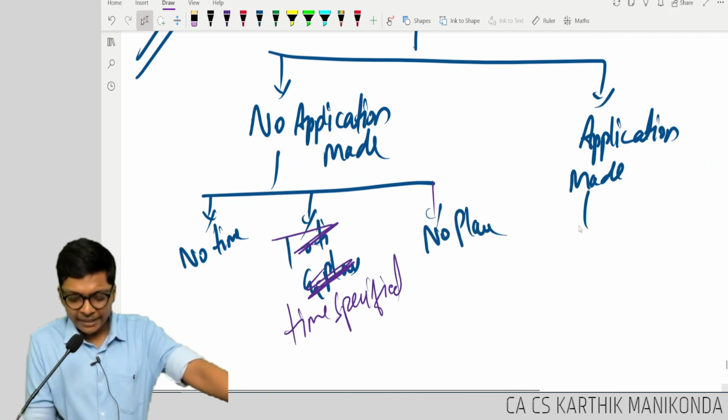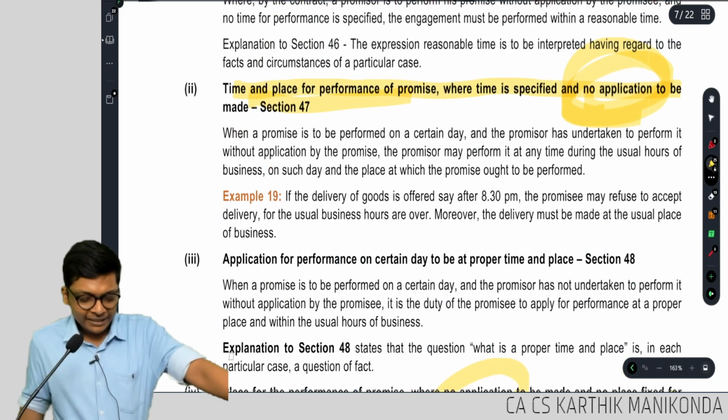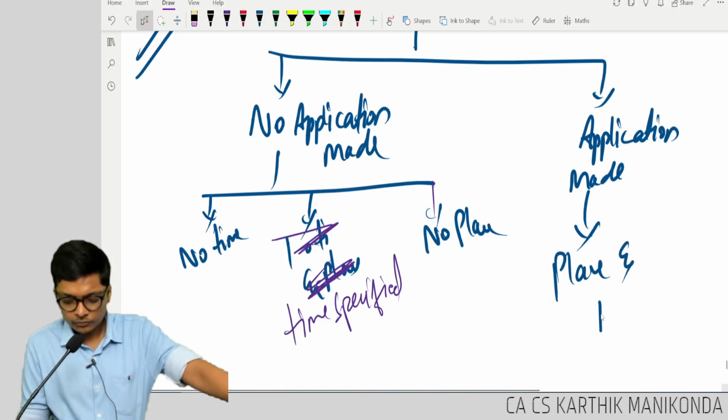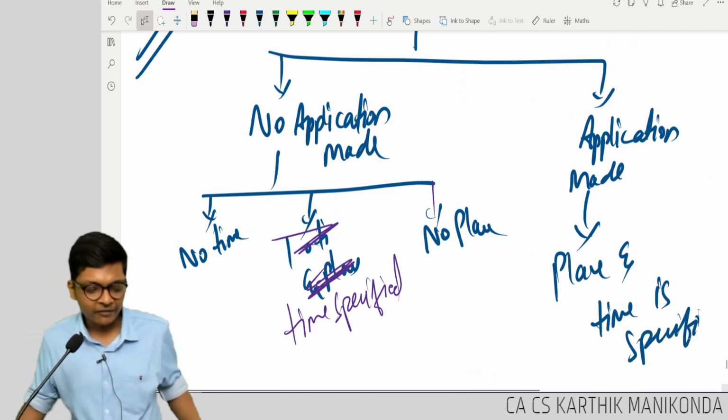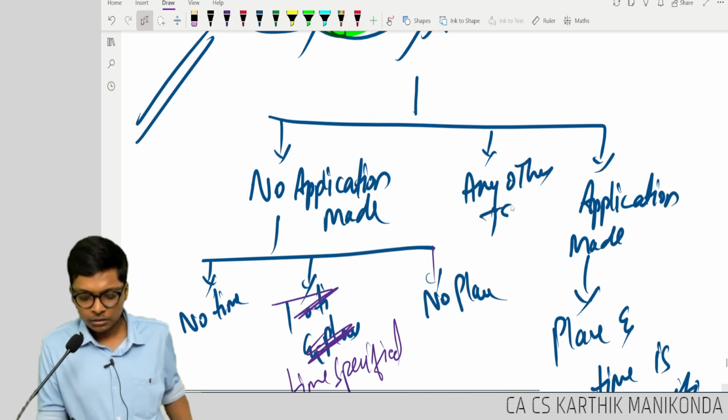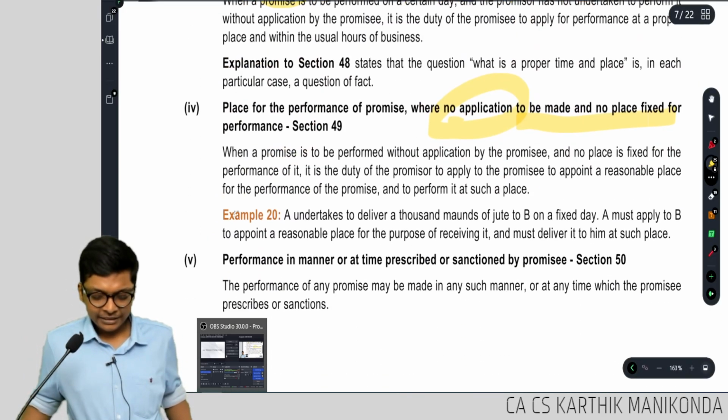In application made, we have only 1 point. Application made, place and time is specified. And last we have one more, the 5th point: any other terms and conditions.